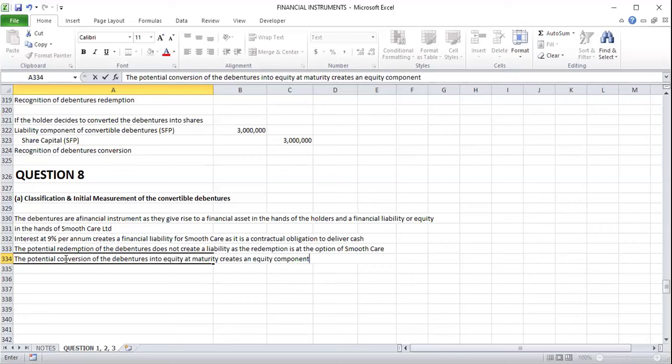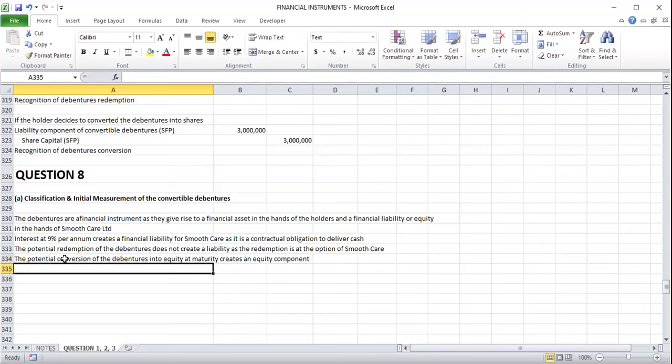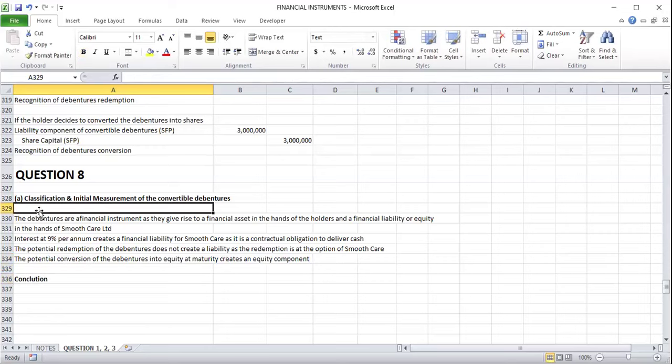So there's an equity component there that arises from the conversion. Right. I'm talking about classification here, because they asked the two things, classification and initial measurement.